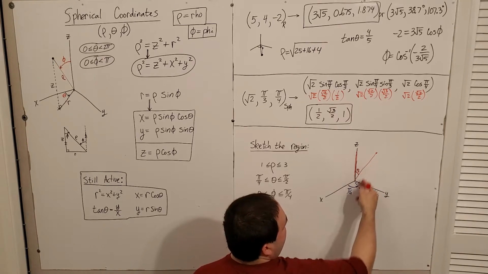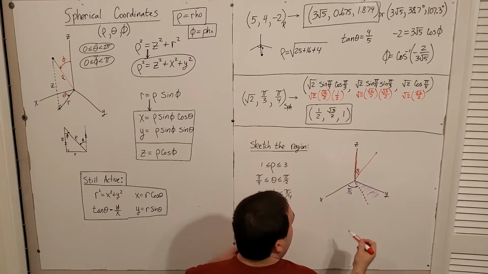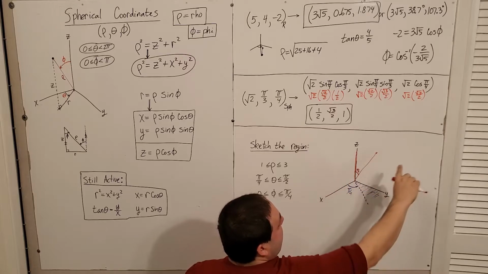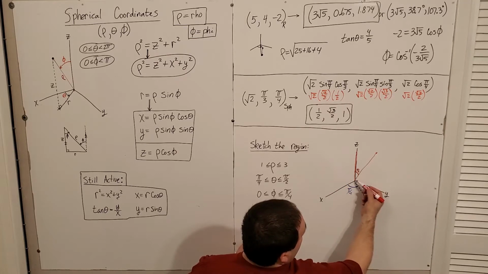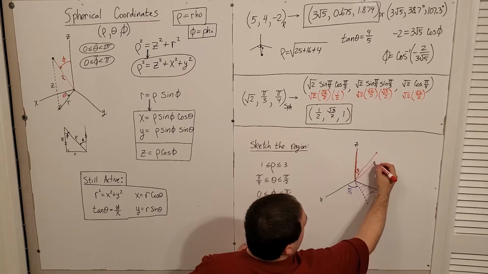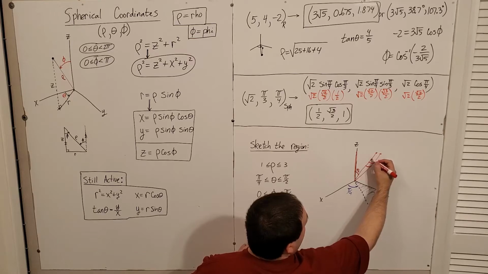Okay? And that's right above this radial line. Then I have to rotate it around like this to theta equals pi over 2. So that's going to also be out to here. And it's going to be around like this.